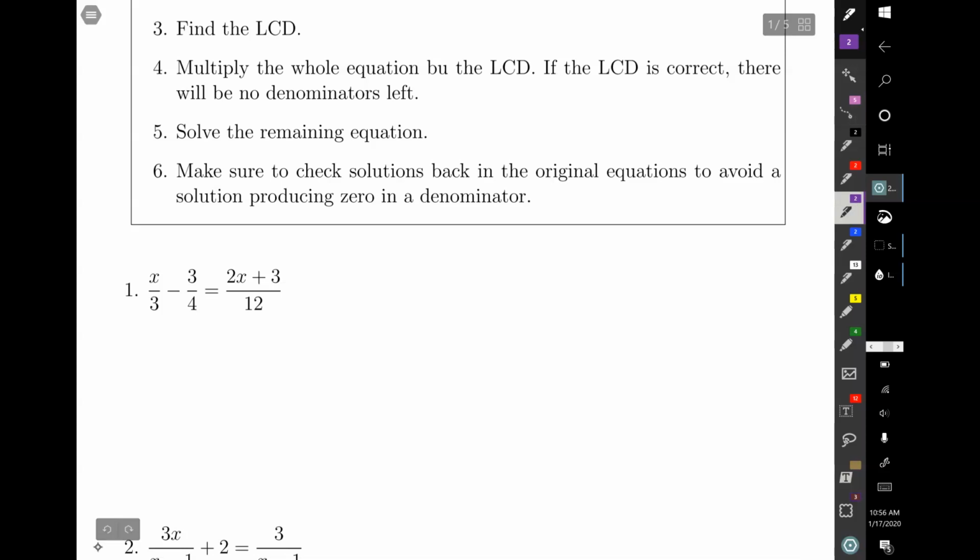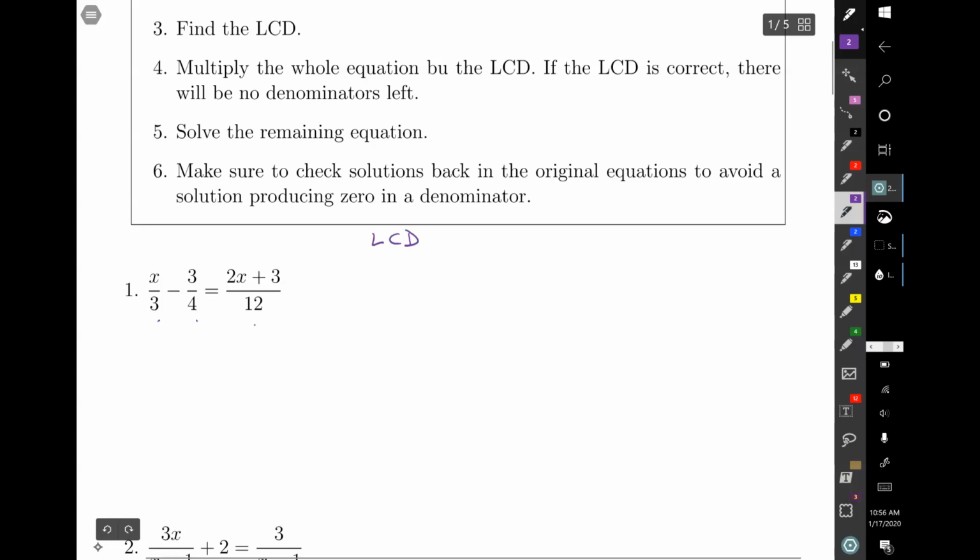Number 1 reads x over 3 minus 3/4 equals quantity 2x plus 3 in the numerator, all divided by 12. So this is one with numbers in the denominators, no variables. So you should be familiar with this. So I'm going to look at 3, 4, and 12 and say what is the lowest common denominator of those.